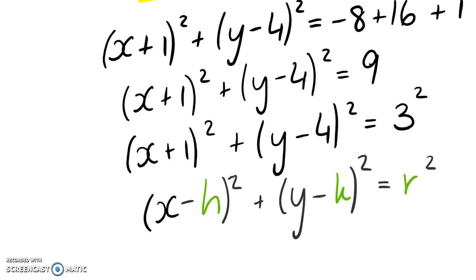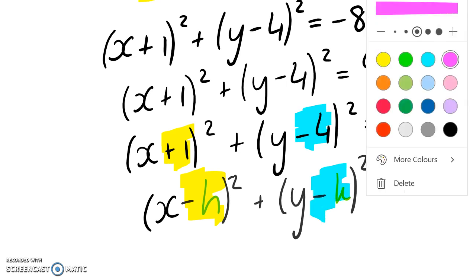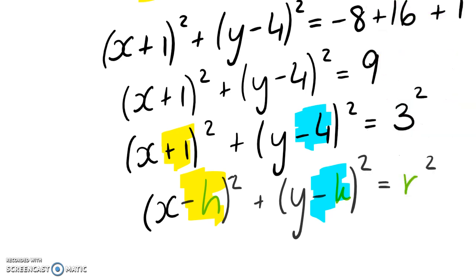So here, let's match them up. I'll use some highlighting. So we've got positive 1 is equal to minus h. Minus 4 equals minus k. And I need one more highlighter. Let's choose pink. There we go. r equals 3.